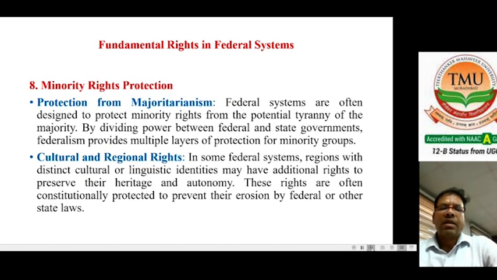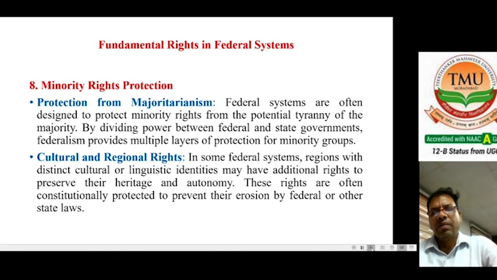Next is minority rights protections, protection from the tyranny of the majority. Federal systems are often designed to protect minority rights from the potential tyranny of the majority. By dividing powers between federal and state governments, federalism provides multiple layers of protection for minority groups and for cultural and regional identity.